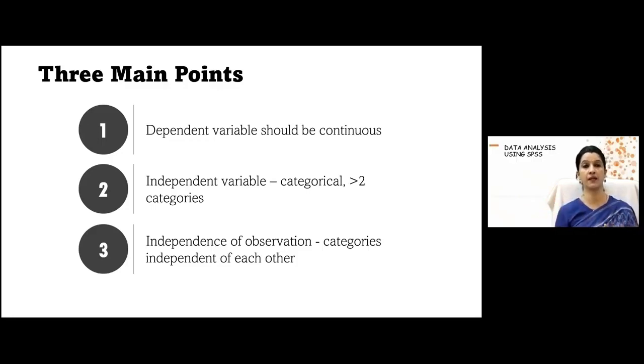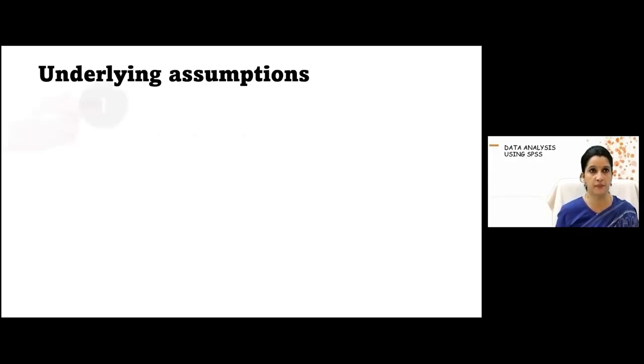Because in one-way ANOVA, you have independence of observation. This means there are 3 groups: males are a separate group, females are a separate group, transgender is a separate group. If you have counted one individual as female, you cannot count that individual as male. All three groups have different sets of participants. So that is very important to understand about one-way ANOVA and the independent sample t-test.